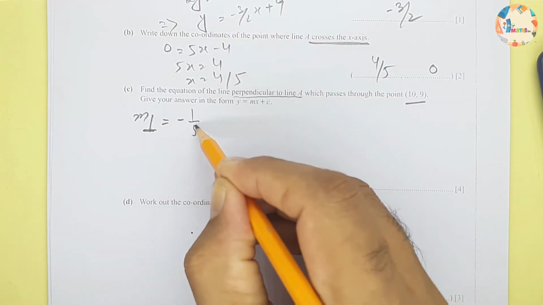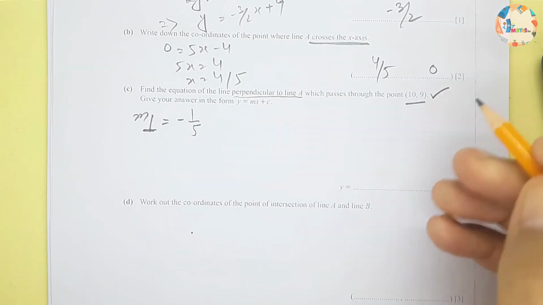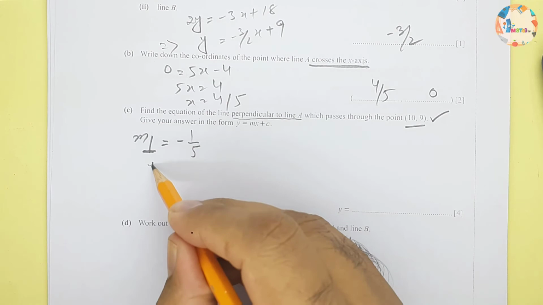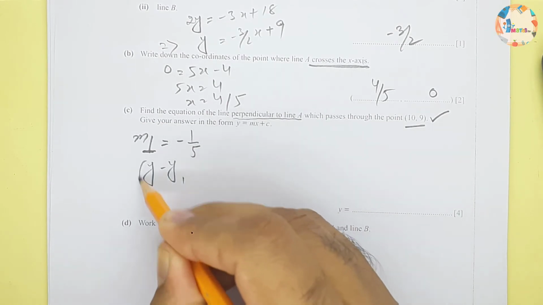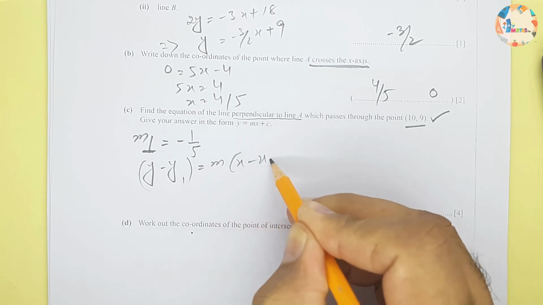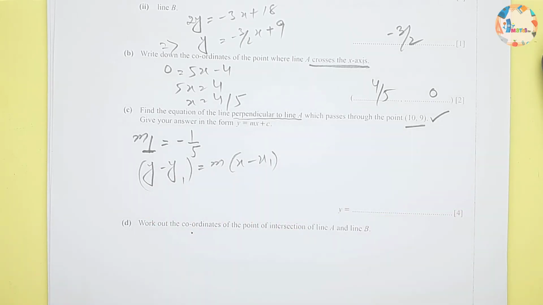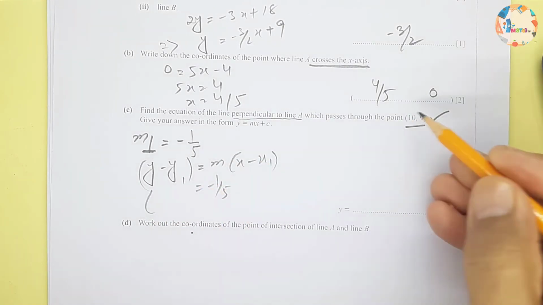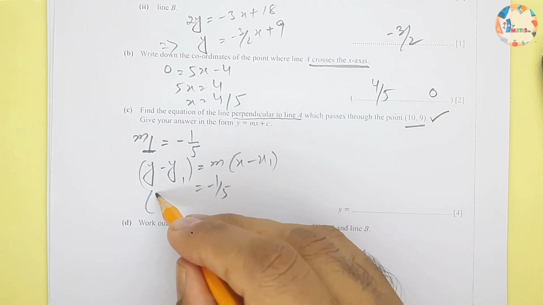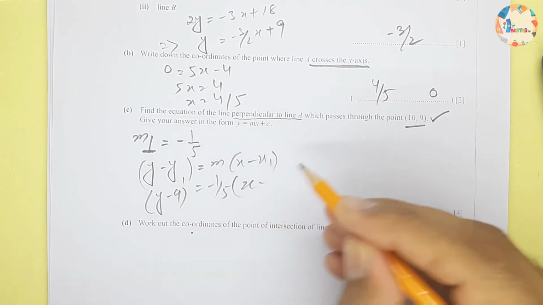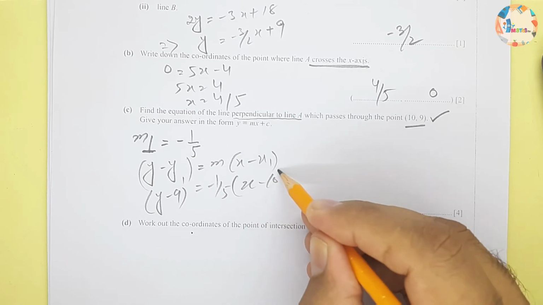So minus 1 by 5 will be the gradient, and this will be the point which we will be using, and the formula will be y minus y1 is equal to m into x minus x1. This is known as the equation of a line in point slope form. So slope is minus 1 by 5 and y1 is this value 9. So we write y minus 9, and x minus x1 is 10.